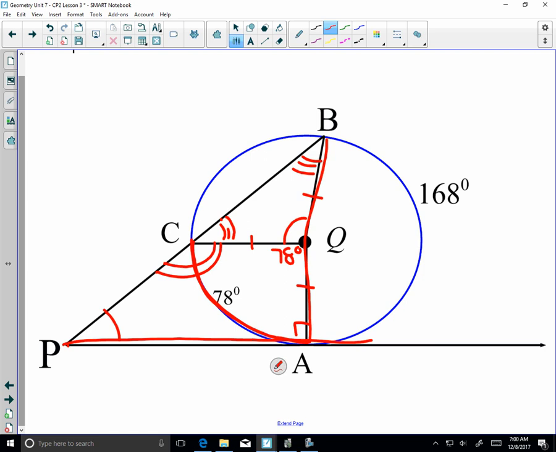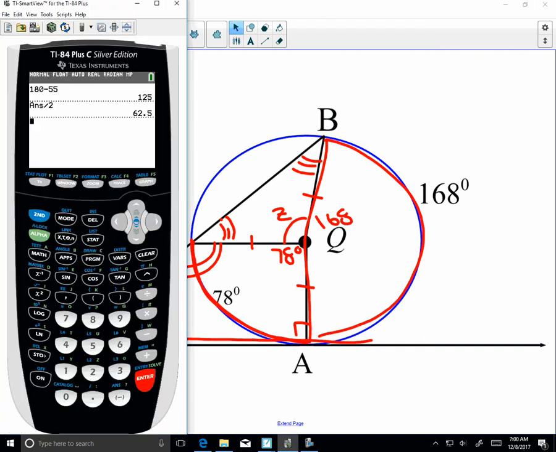How can we do that? We have an outside arc of 168, so then we know that the central angle is 168. Now I'm going to give the remaining angle a variable name, Z. We know that 78 plus 168 plus Z is going to be equal to 360. So 360 minus 168 minus 78 equals 114.